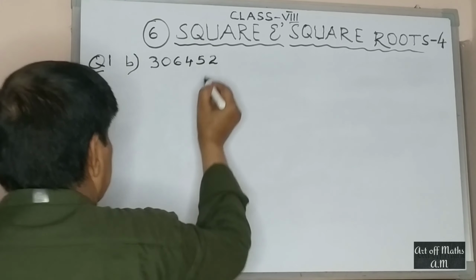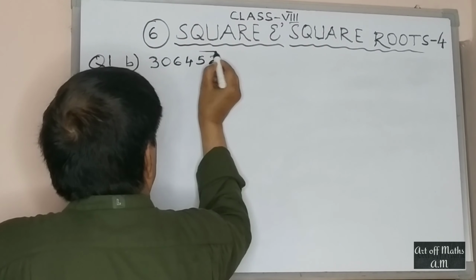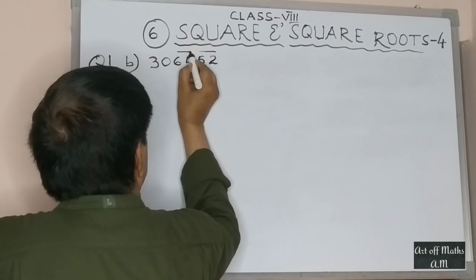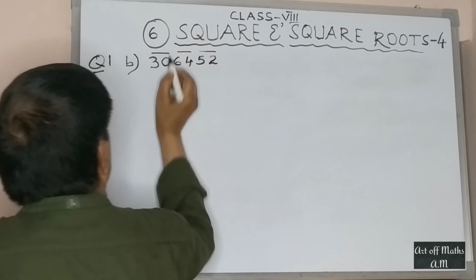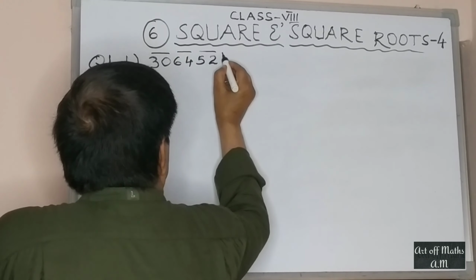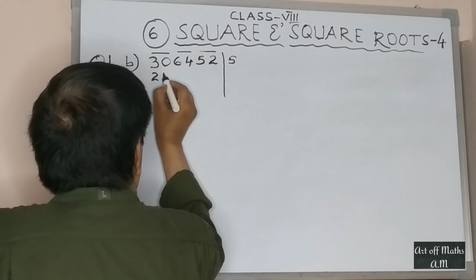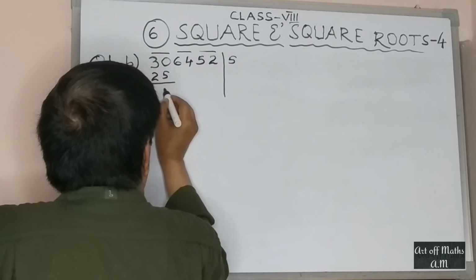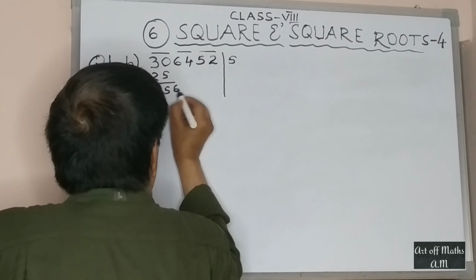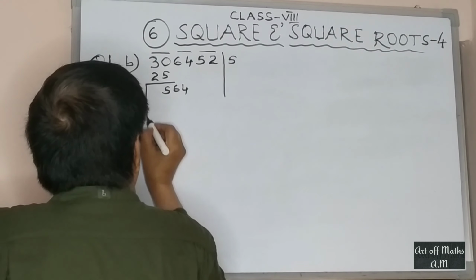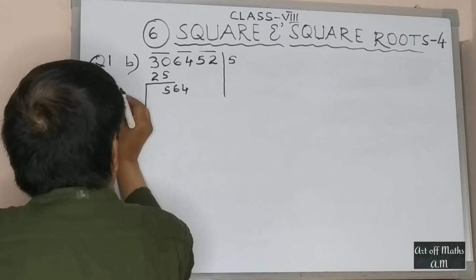The second part, put a bar over the pair of digits from the right hand side. Now being it is 30, 5 5s are 25, 5, 64, it will become double, 10.